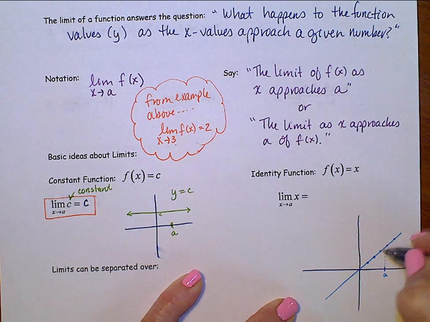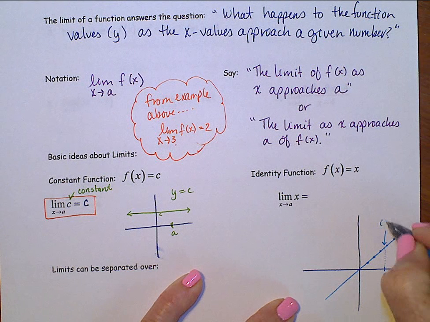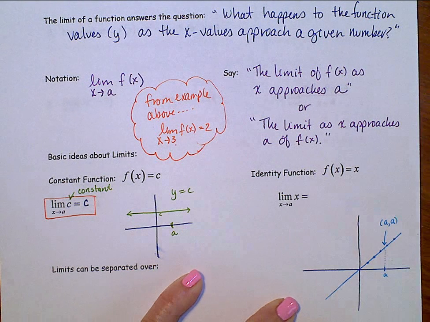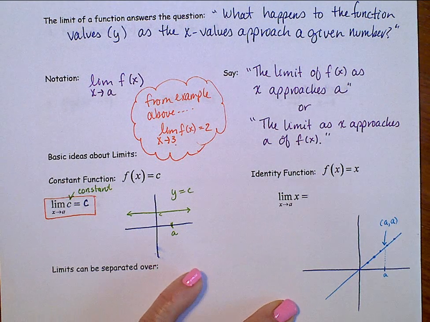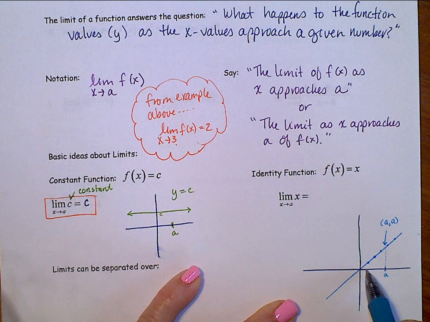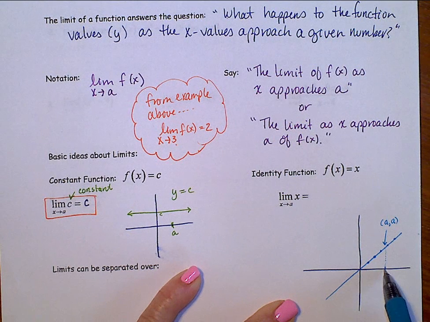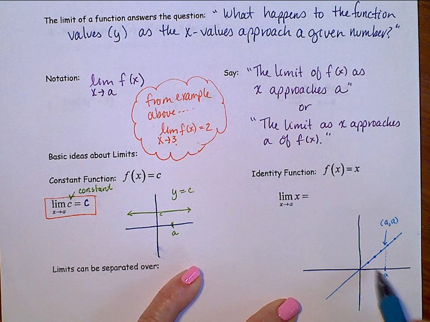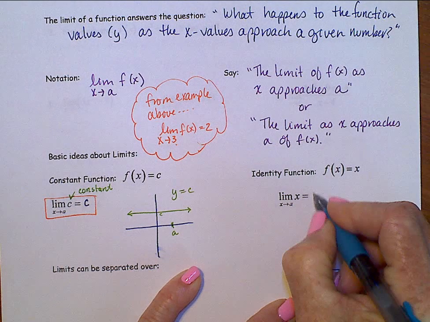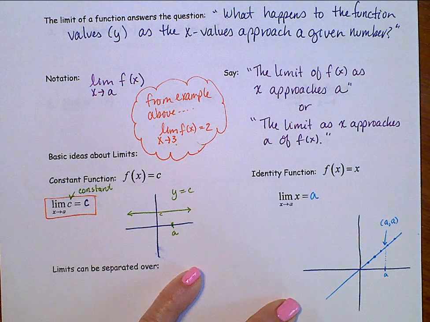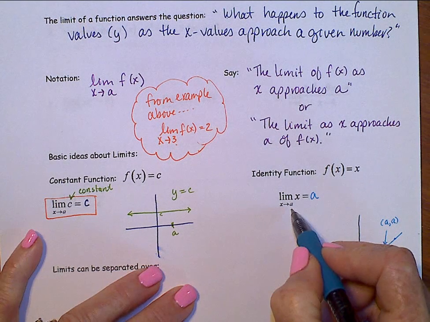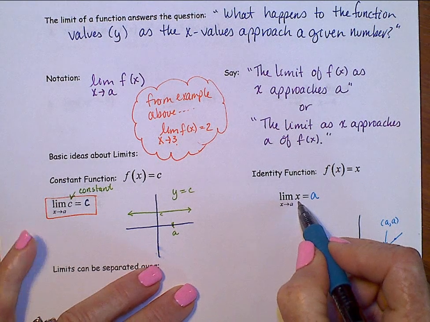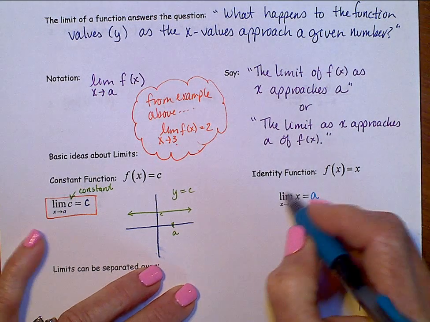That point right there would then be a comma a. So as x gets close to a, the y values get close to a. So we have the limit as x approaches a of x, of this identity function, is a.